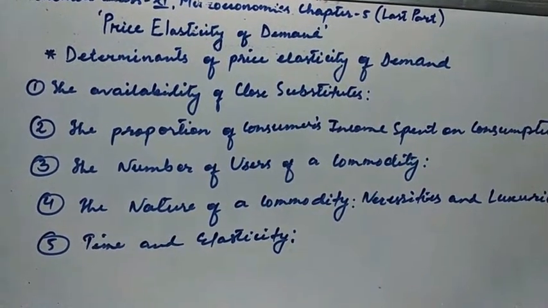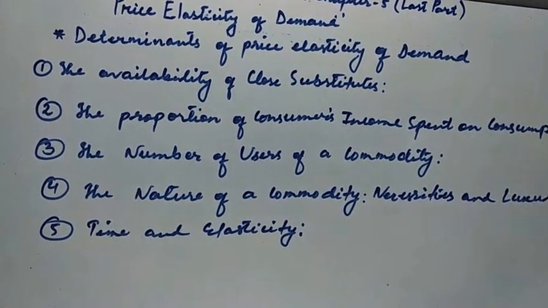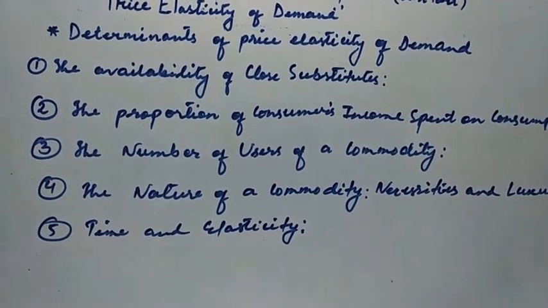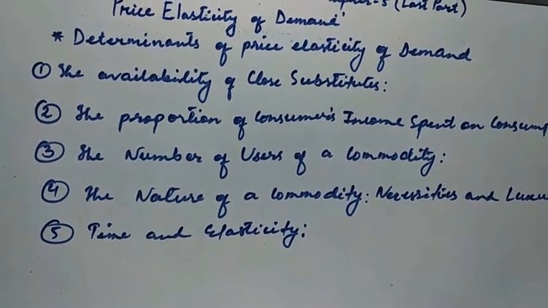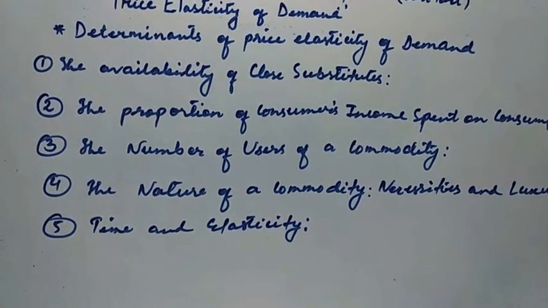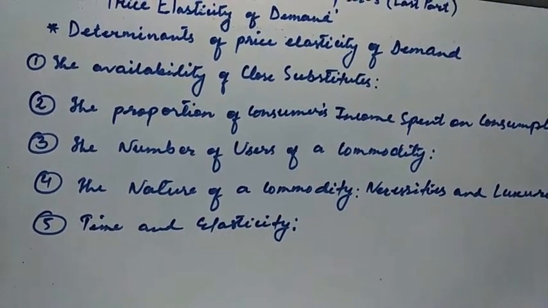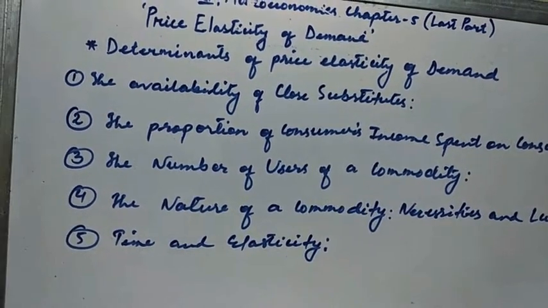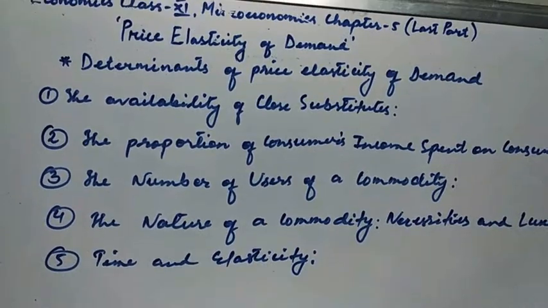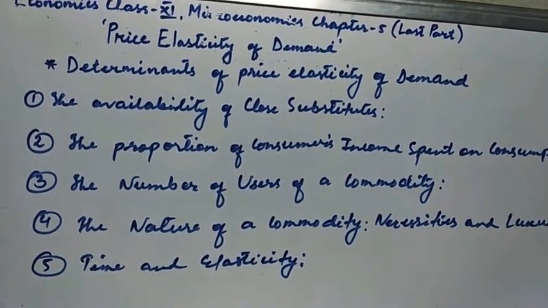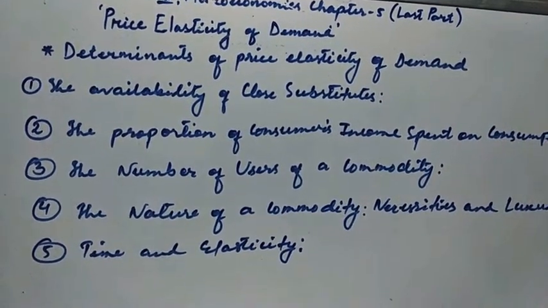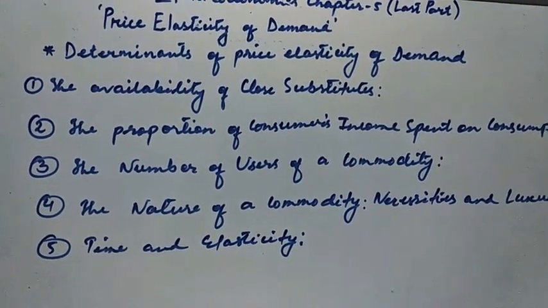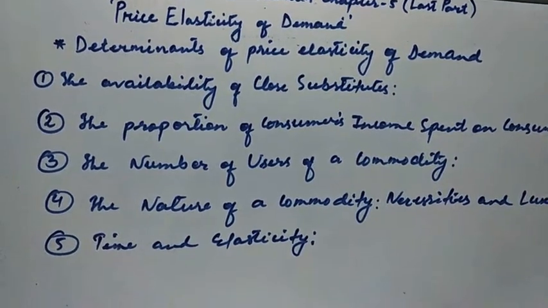For example, in case of a commodity which has a close substitute, if the price goes up, people will shift to its close substitutes, and as a result, demand for that commodity will greatly decline because they have other substitutes to replace it with if that good has increased in price.